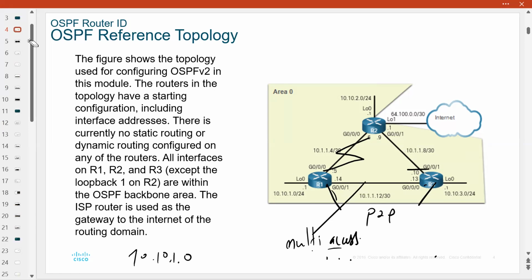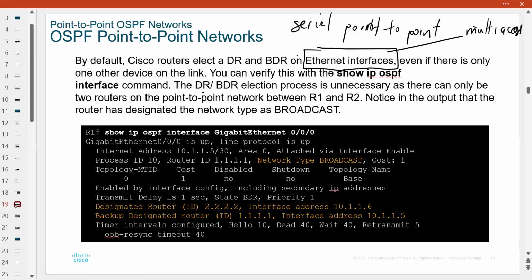So with the Ethernet link acting as a multi-access, what is being demonstrated here is you see that it will have network type broadcast on it. The Ethernet interface will have network type broadcast on it. Why?